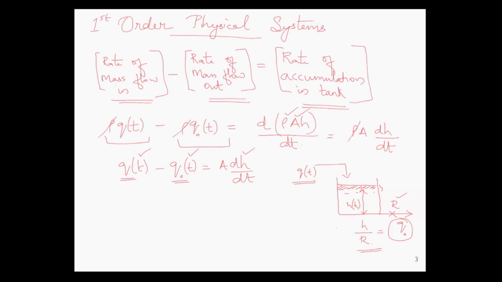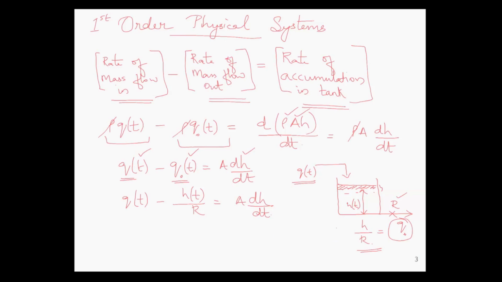If the height is very high, then the amount of liquid flowing out will be more. And if the resistance is very large, the amount of liquid flowing will be less. So the height is directly proportional to the outflow and the resistance is inversely proportional to the outflow. So the equation becomes Q(t) minus H/R equals A dH/dt.